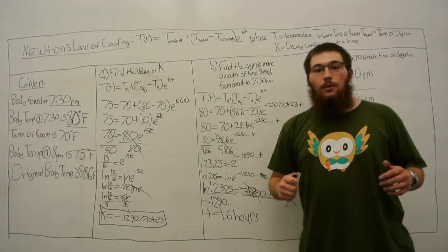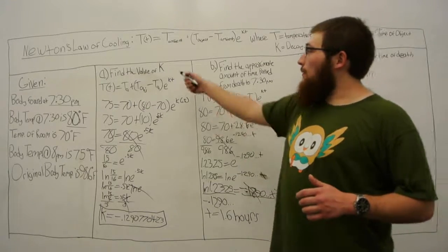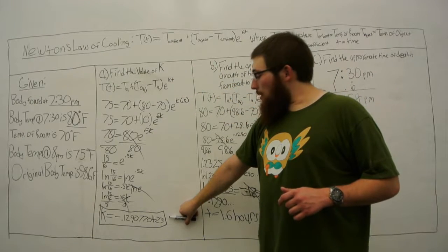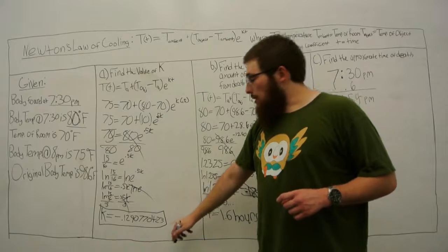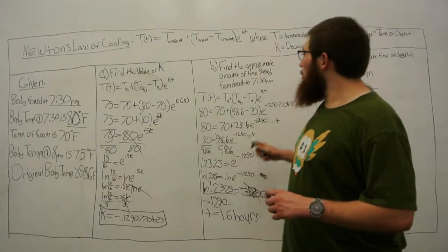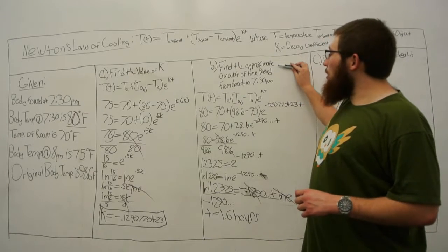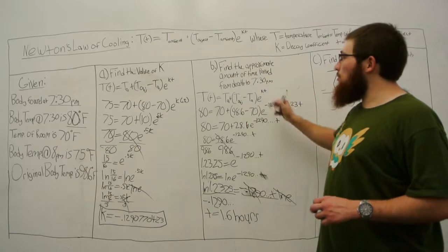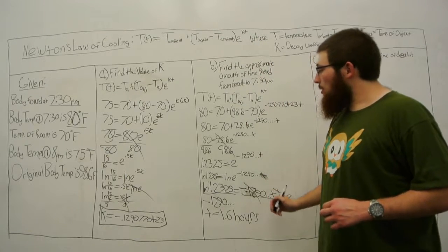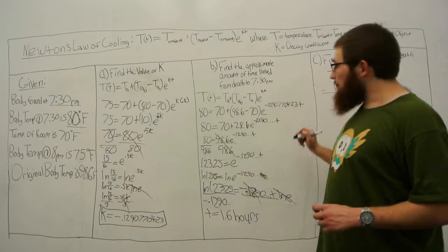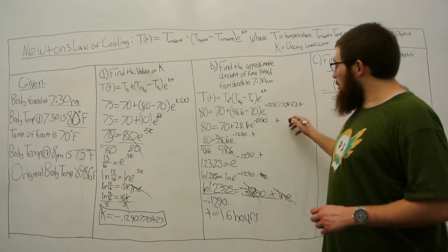So, we have found the value of K, which is the decay coefficient, to be this quite large number. It's negative because the temperature is getting cooler. We have found the approximate amount of time passed from death to 7:30 p.m. using Newton's law of cooling. Through all of this, we had to find T, which is the time.